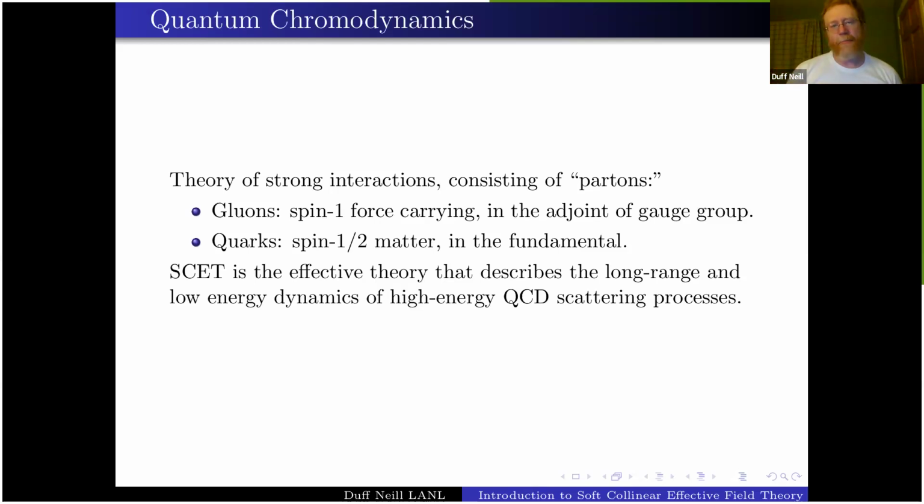So what are we thinking about? In particular, we're thinking about the theory of strong interactions, which consists of partons. And by partons, I just mean that there are going to be gluons, which are the spin 1 force-carrying particles of the theory that transform in the adjoint of your gauge group. And then there are going to be quarks, which are spin 1/2 matter that transform in the fundamental.